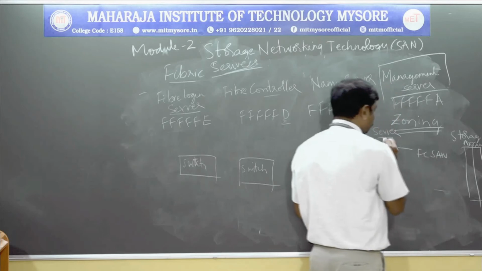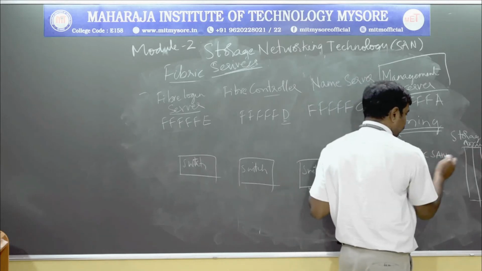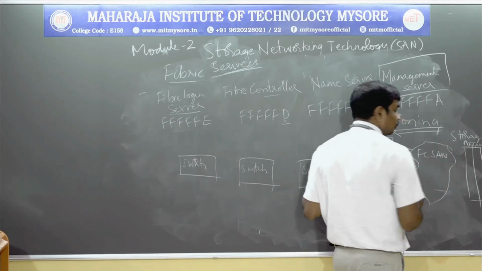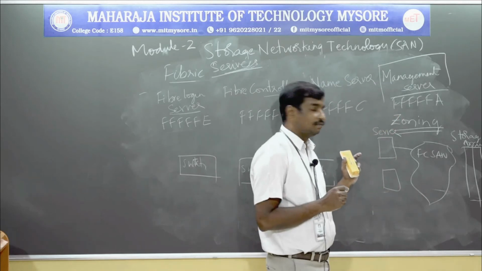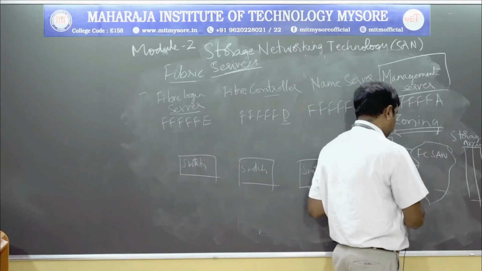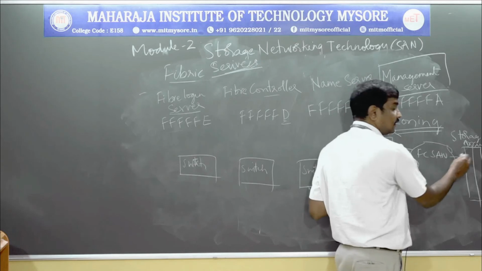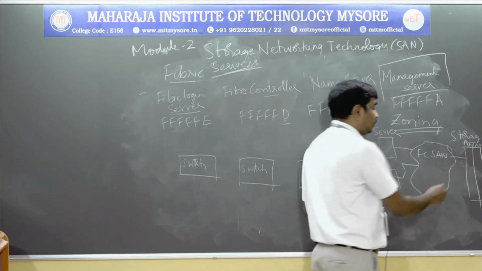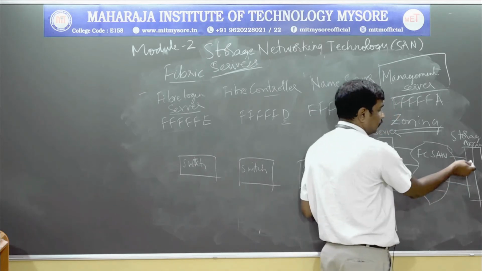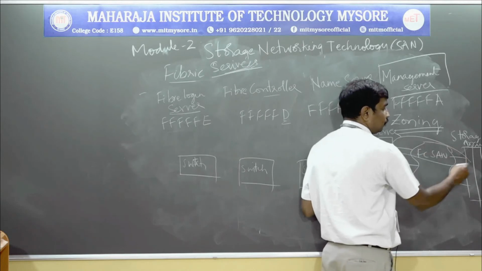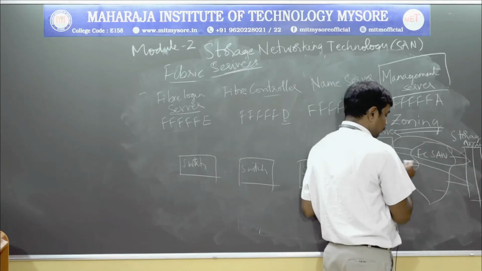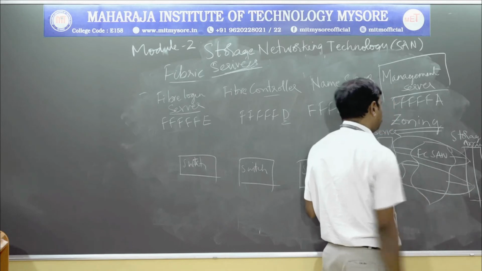If the server wants to connect with the data centers with the fiber channels, it has to be connected along with different dedicated networks. These different dedicated networks will be connecting along with the group of zones, okay. What do you mean by this?